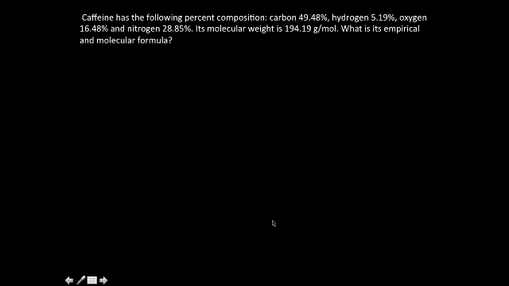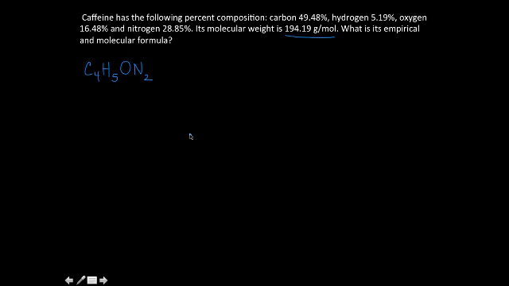I'll clear this and rewrite our empirical formula up here. My empirical formula again was C4H5ON2. After you find your empirical formula, it's actually quite simple to find the molecular formula, and we're going to need to use the molecular weight of caffeine.